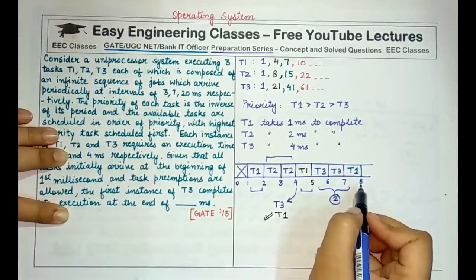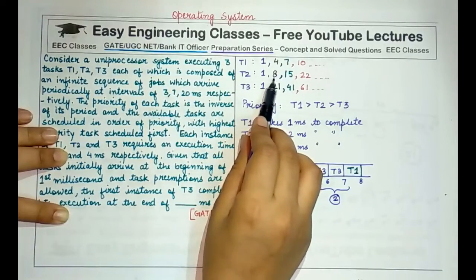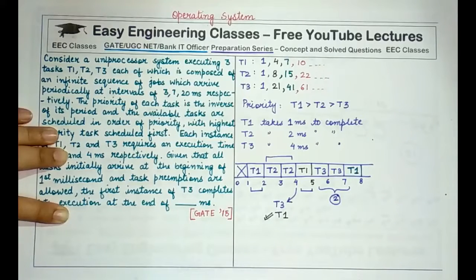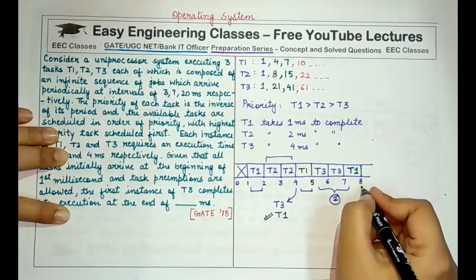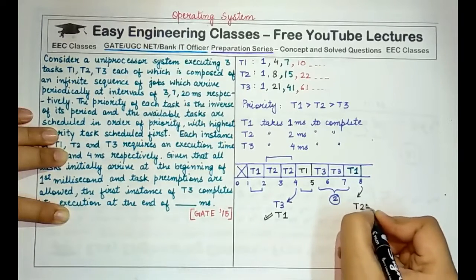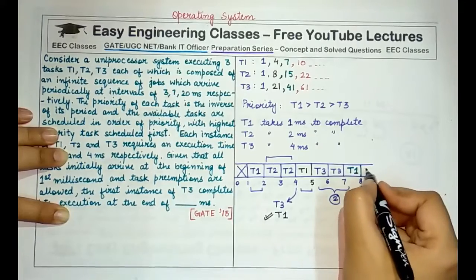Now at 8 milliseconds we see that the second instance of T2 also arrives. Since the priority of T2 is higher than the priority of the remaining portion of T3, we schedule T2.